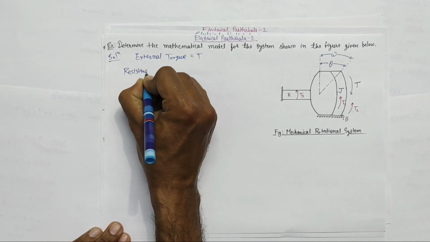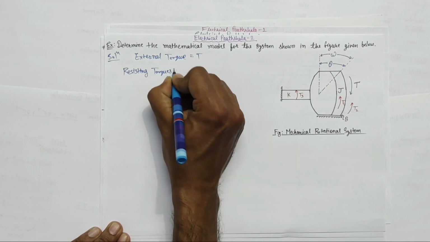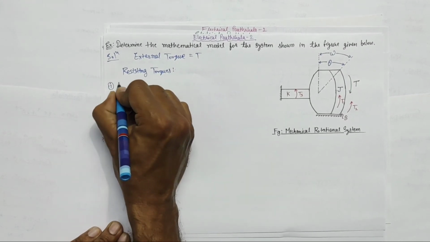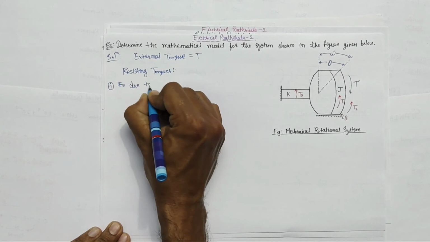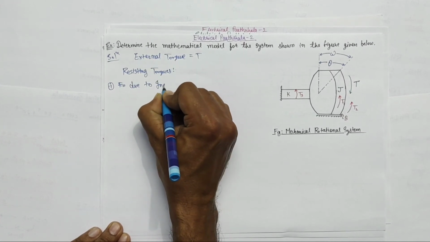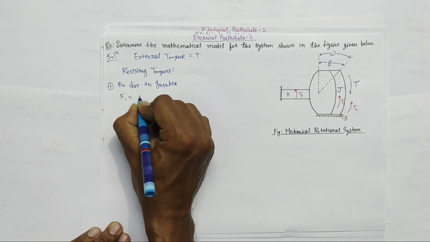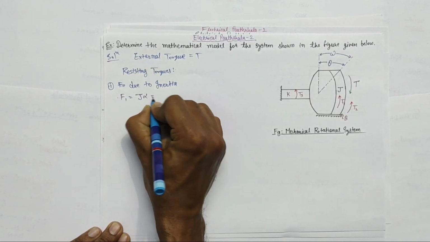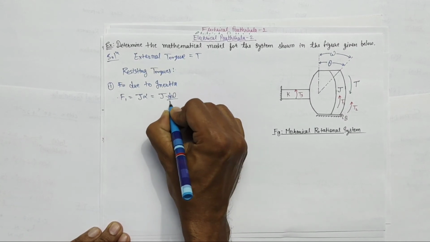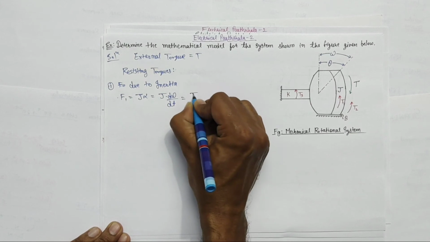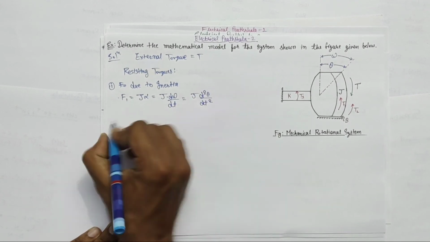First, the resisting torque due to the inertia element, we know that it is given by T1 is equal to J into alpha, or J into d omega over dt, or J into d2 theta over dt2.